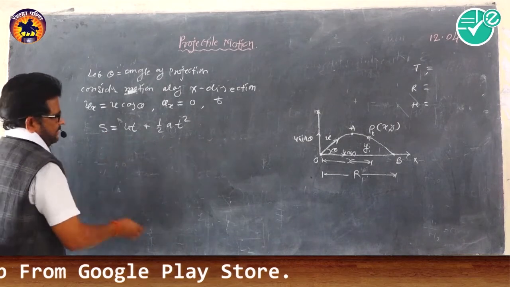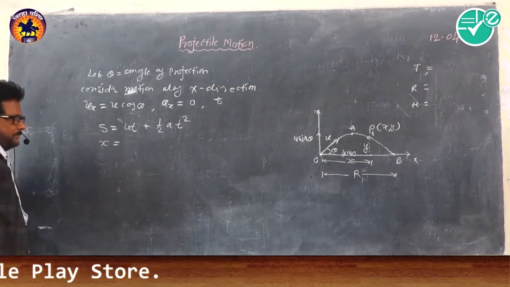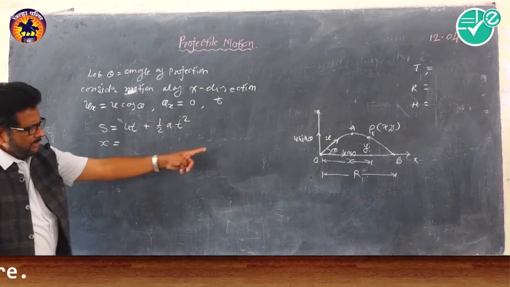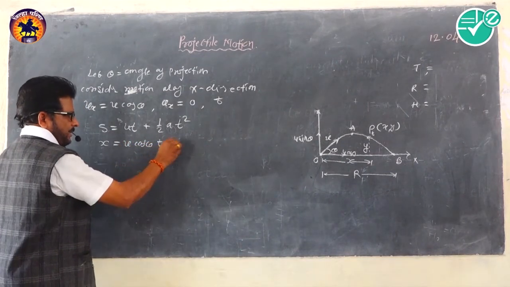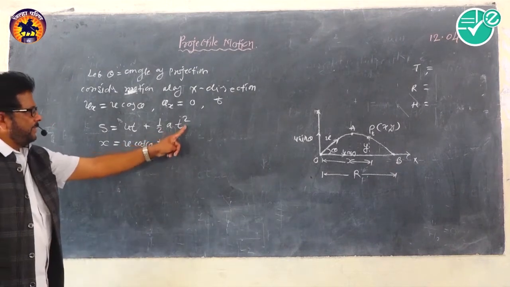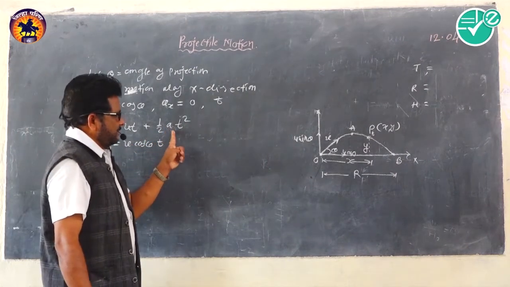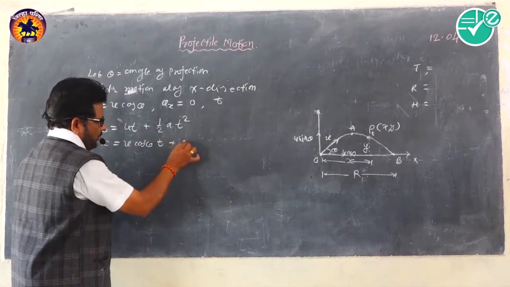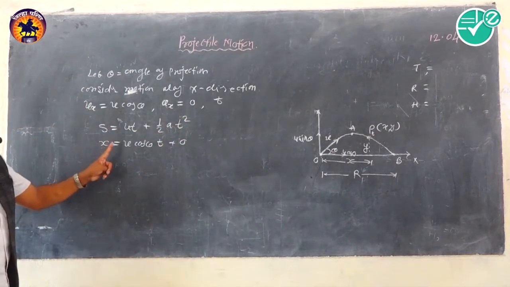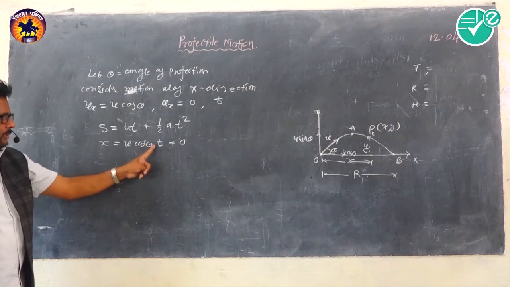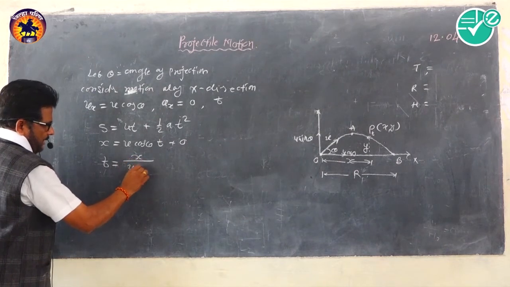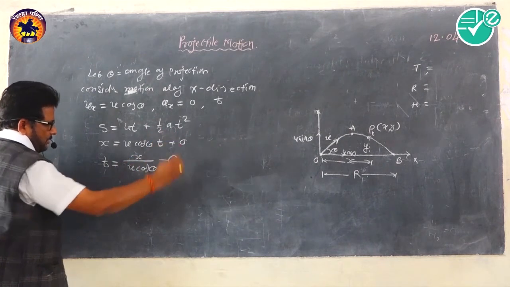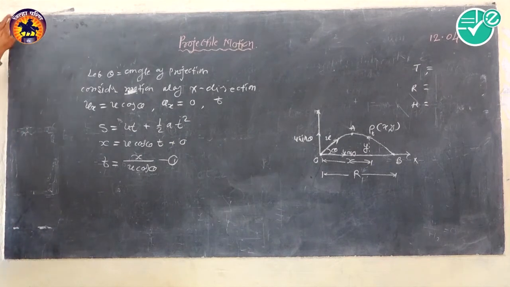Here S is x, so x is equal to u cos theta into t plus half a t square, but a is 0, so this term is 0. So x is equal to u cos theta into t, or we can write t is equal to x upon u cos theta. Suppose it is equation number 1.